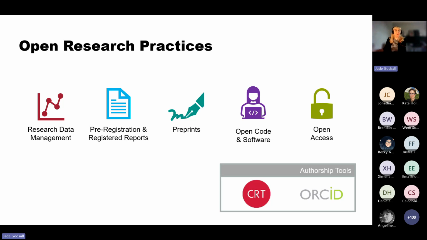And then we've got some authorship tools. These are the CRediT taxonomy, which is used to recognize all authors' contributions to the production and publication of research. You might see that on journal articles where authors are credited under data curation, project administration, writing, things like that. And then ORCID is a free, unique, persistent identifier, and that ensures that you're being accredited for your output.